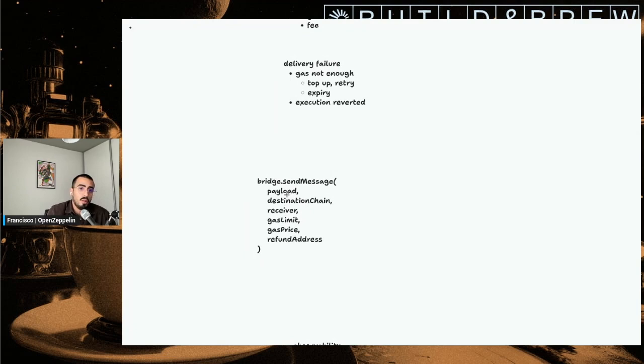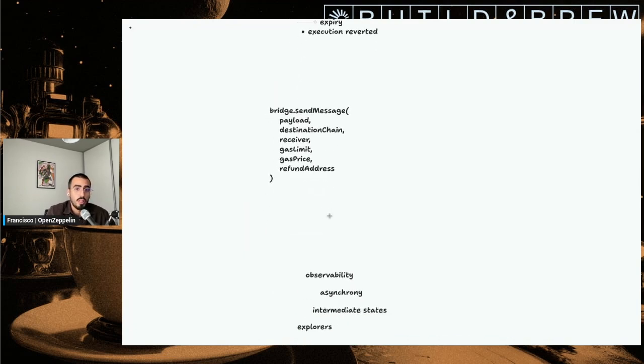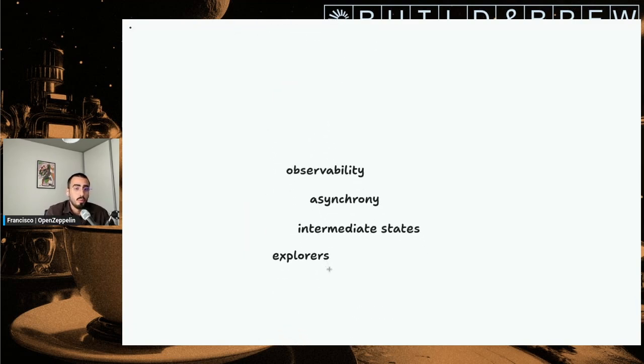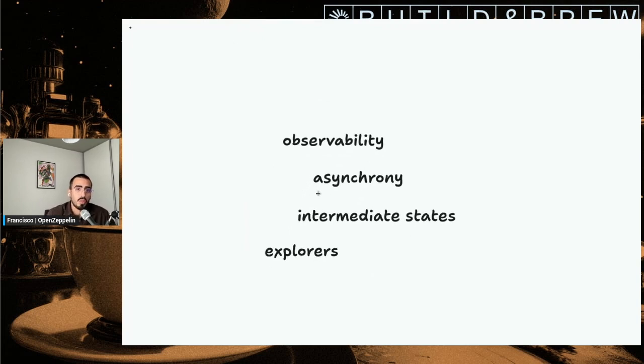Finally, one thing that I want to note, it's very important, is that observability here becomes really crucial. We're going to have quite a bit of asynchrony here between sending the transaction, getting it included in the source chain, getting it processed by the cross-chain protocol, then getting it included on the destination chain, and so on.